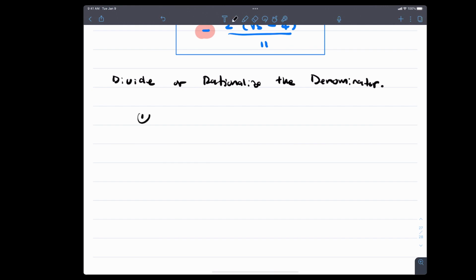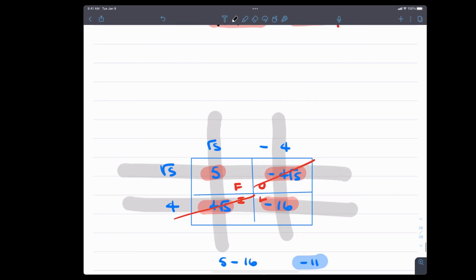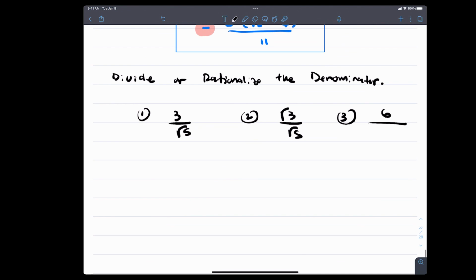Let's say 1, 3 over the square root of 2. Did we do that one already? That looks familiar. How about square root of 3, square root of 5, 3. 6 over, we're looking at some of these there. Okay.